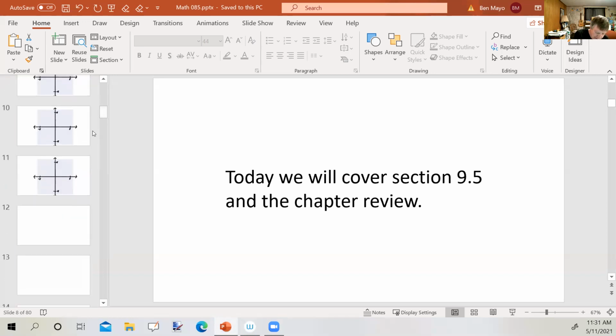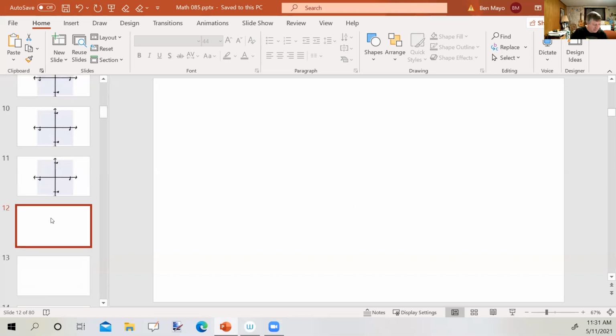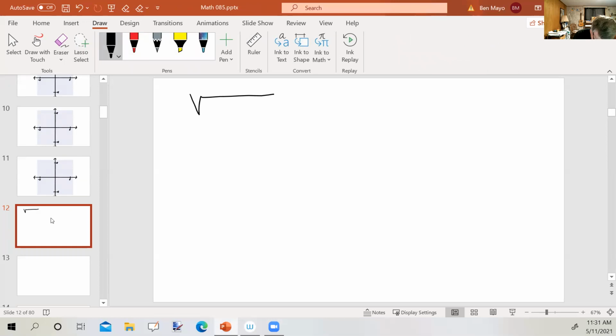All righty. So section 9.5 has to do with solving radical equations. Let's say we've got an equation that is as follows. The square root of the quantity x minus 10 equals 1. So we have an equation that contains one radical.